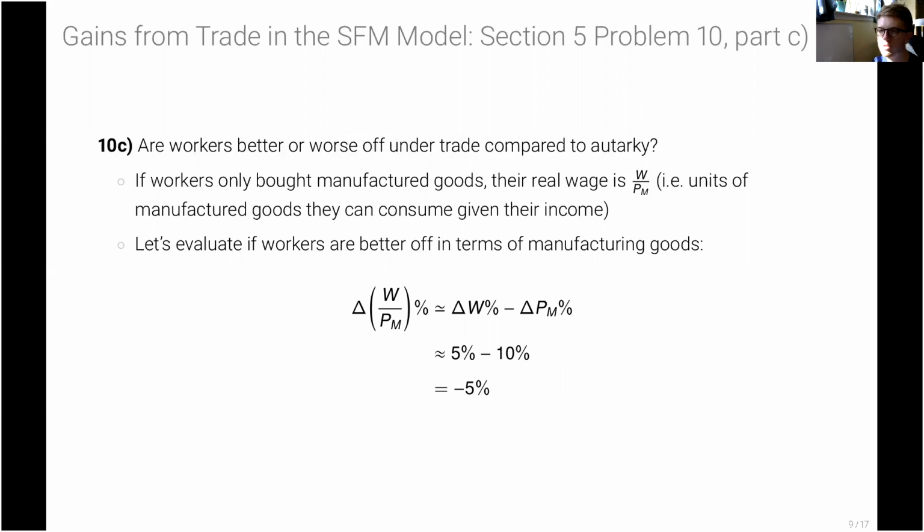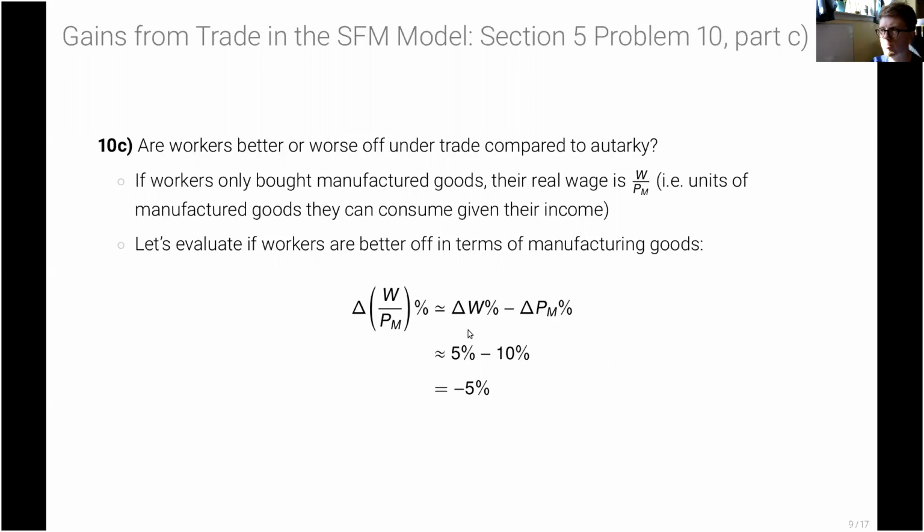So recall from section 0 that the percentage change of W over PM is just going to be approximated by the percentage change in W, and because PM is in the denominator, it's going to have in effect an exponent of -1, and so the change is going to be approximated by the change in W minus the change in PM.